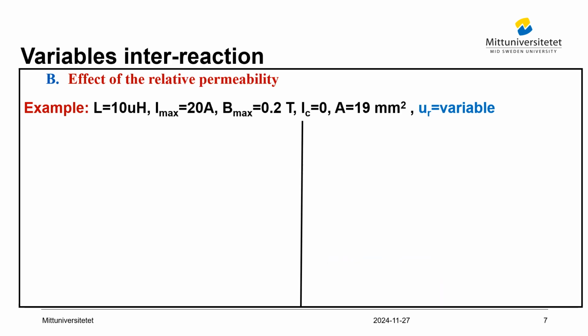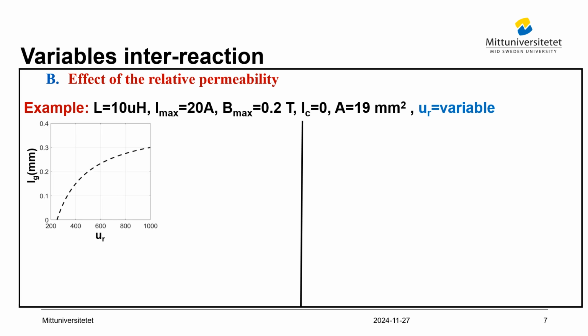Now let's explore the effect of the relative permeability. We fix these conditions, and in this case, the cross-section is fixed. The air gap can be put to 0 because it is negligible. The core length can be neglected. And let's put the relative permeability as a variable. In this case, we will change the magnetic material.